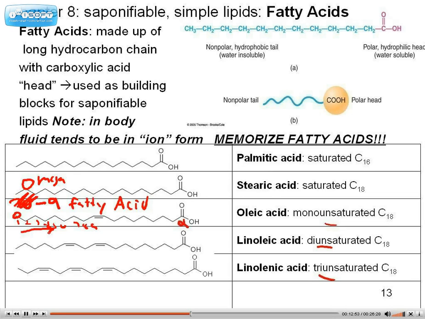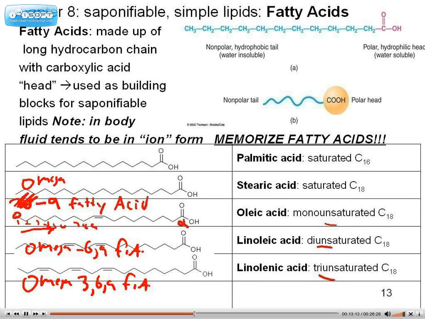Consequently, for linoleic acid, this has been categorized as the omega 6,9 fatty acids, and if you look at the very bottom, this has been categorized as the omega 3,6,9 fatty acids.